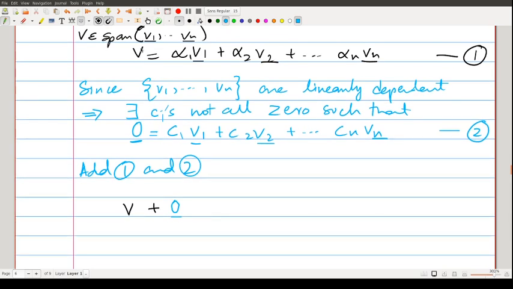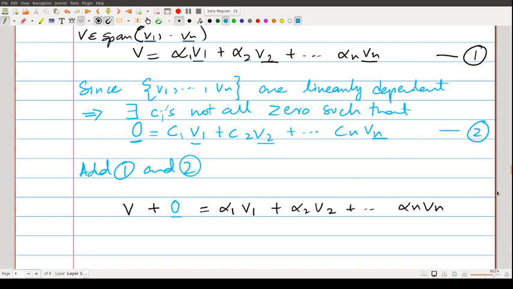This is the left hand side of this equation being added to the left hand side of this equation, equals alpha 1 V1 plus alpha 2 V2 plus dot dot dot alpha n Vn.